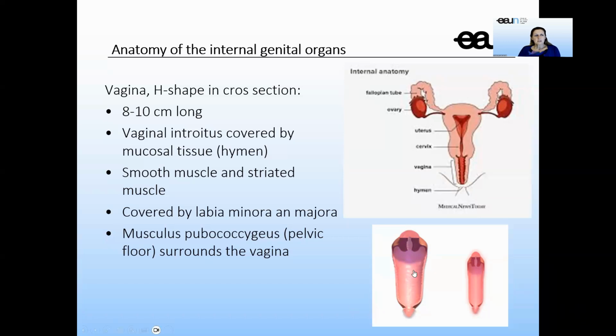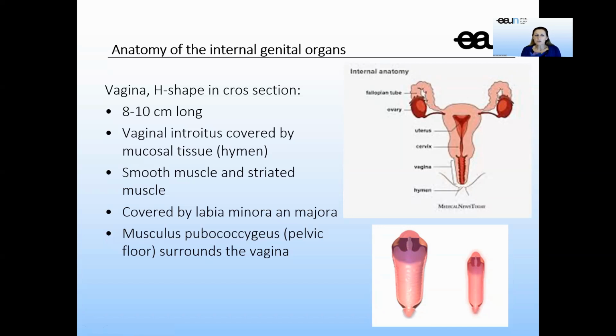And on the left side, that's the vagina when a woman is fertile, and on the right side, you see how the vagina is a little bit smaller, shrinking a little bit after the menopausal period. And the vagina is also surrounded by the pelvic floor muscles.